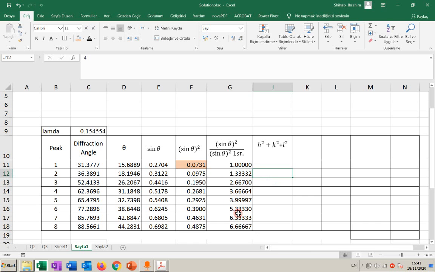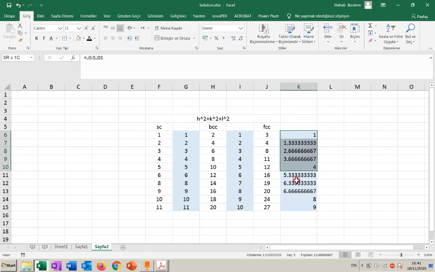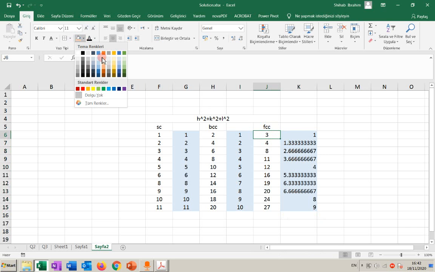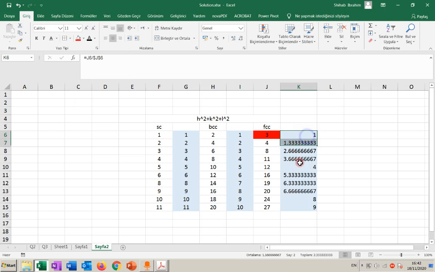Now, in order to know which structure it is, basically the fraction will happen in which one? Fractions happen in FCC. But in order to be sure, multiply those values by 3, because to get these numbers we divided everything by the first one.